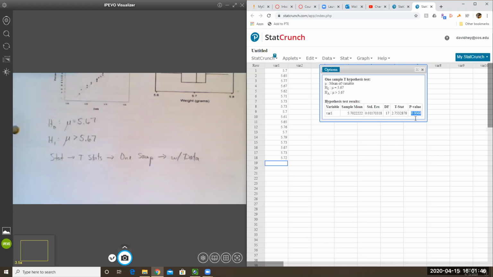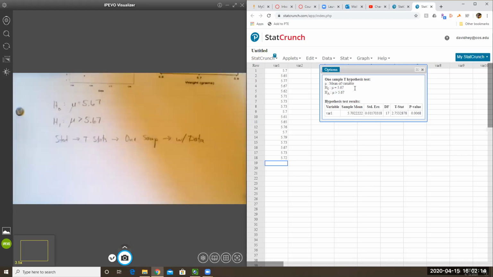The probability, this is the probability that we would get this sample mean if in fact the true population mean were 5.67. Right? So there's only a 0.6% chance of that happening. That's really small. And what that tells us is that our assumption that we made in the null hypothesis must be false, right? So we reject it.